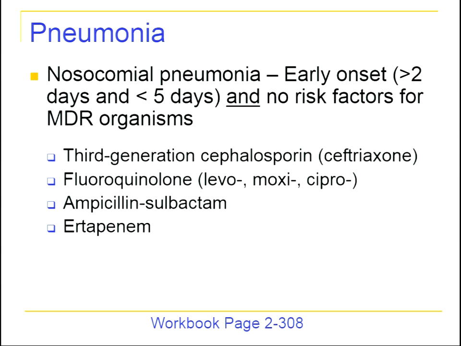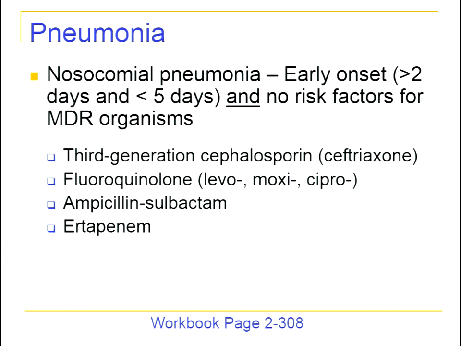So basically, it's people who've been hospitalized for 3 or 4 days, day 3 of hospitalization or day 4 of hospitalization. It's a very small group of individuals, and so therefore, you won't be in this situation that often. Occasionally, I see patients that fall into this particular category, but it's not as common as the late onset.